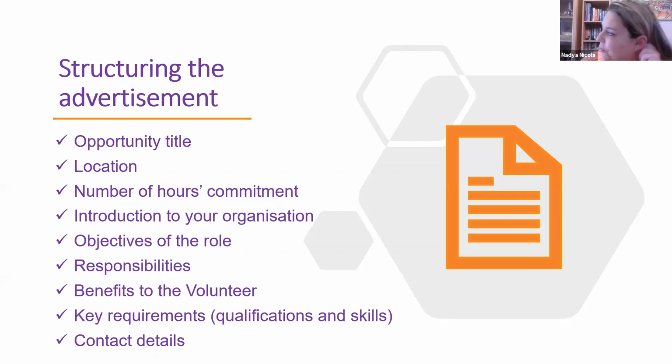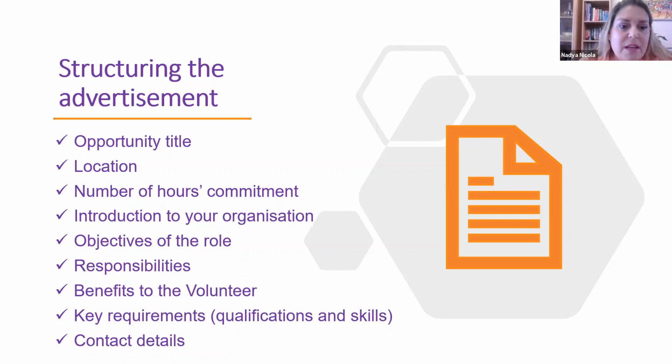If there are some very awkward or difficult aspects to the job, say so, because there's no point pretending it's all hunky-dory if there are going to be some awkward bits. You'll get someone who starts and then drops out because that's not what they wanted to do. So it's really worth being brutally honest in the job ad. And yes, it will put some people off, but that's fine, because better to put them off at this stage.